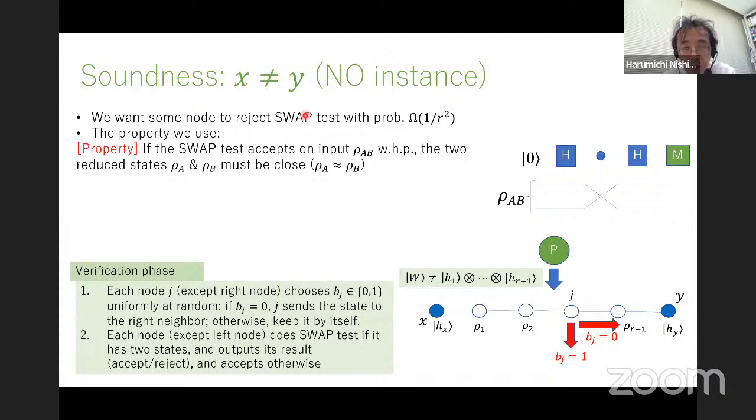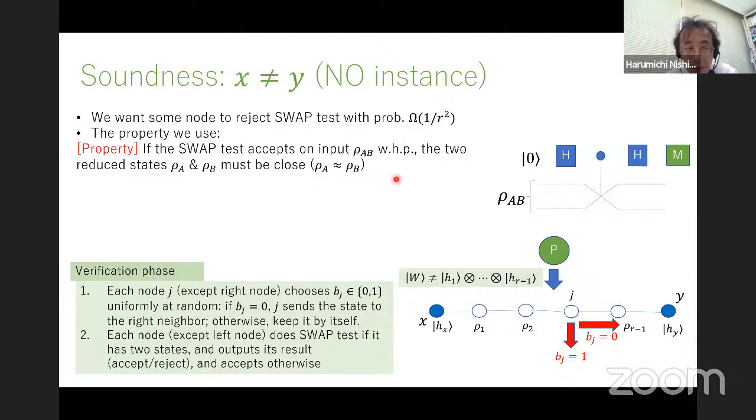To show this, we use this property: if the swap test accepts on an input entangled state rho AB with high probability, then the reduced states rho A and rho B, tracing out the other part, must be close.